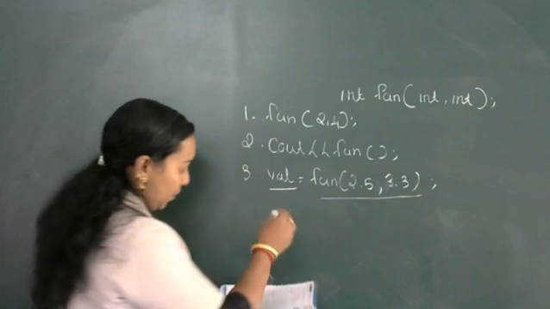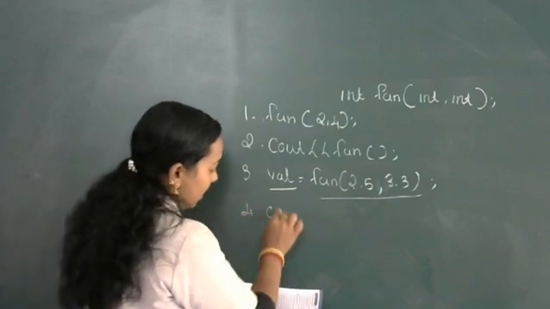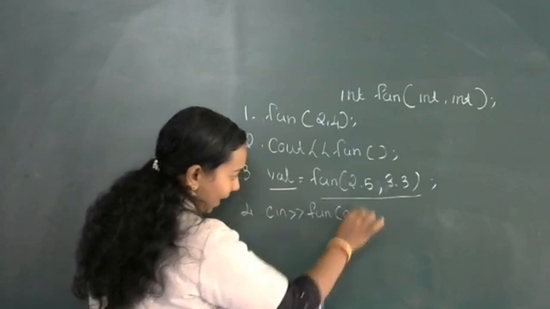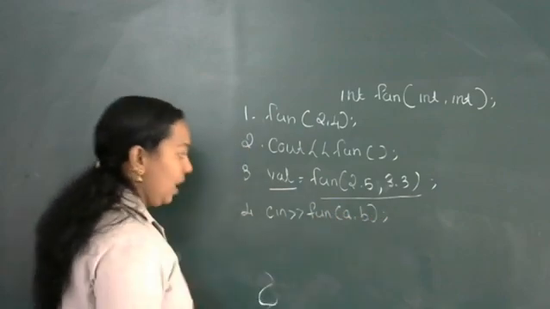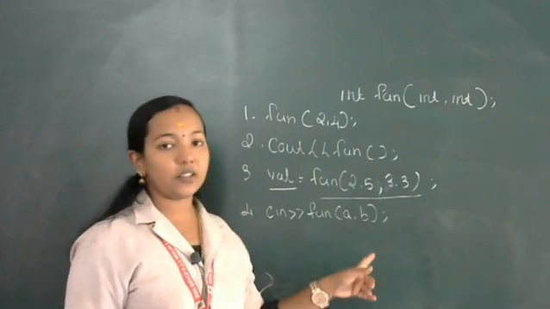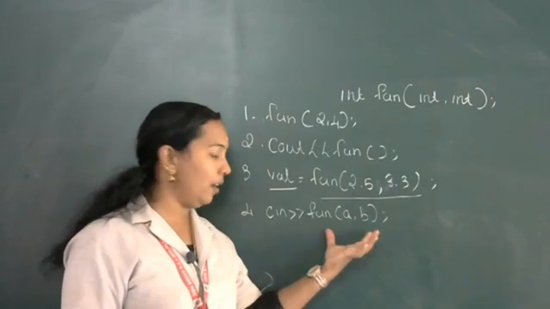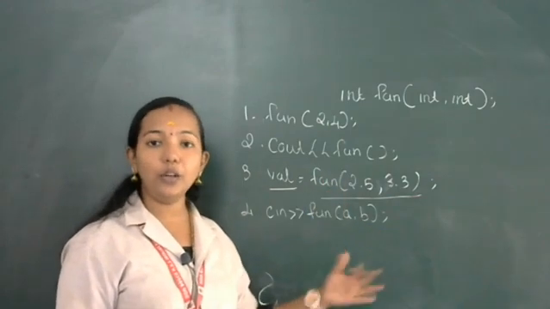Then next one, cin fun a comma b. We can't write like that. Okay, fun a comma b means it will execute and the value we are printing.